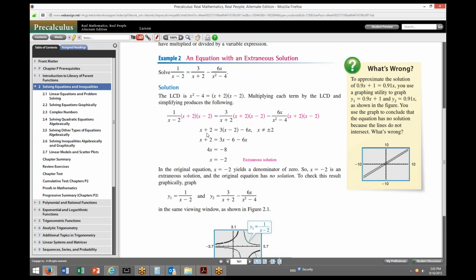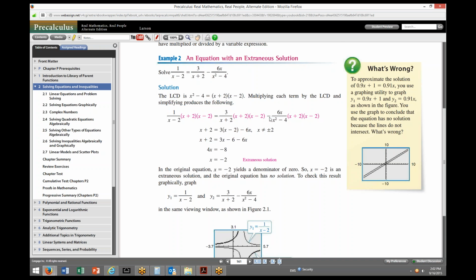Then on the right, we have 2 terms, the first being 3 over x plus 2, and we multiply that term times x plus 2 and times x minus 2, both those over 1. So the x plus 2 on the bottom and the x plus 2 on the top cancel out now, leaving 3 times x minus 2 over 1. And we can drop the over 1. So it's 3 times parentheses x minus 2.